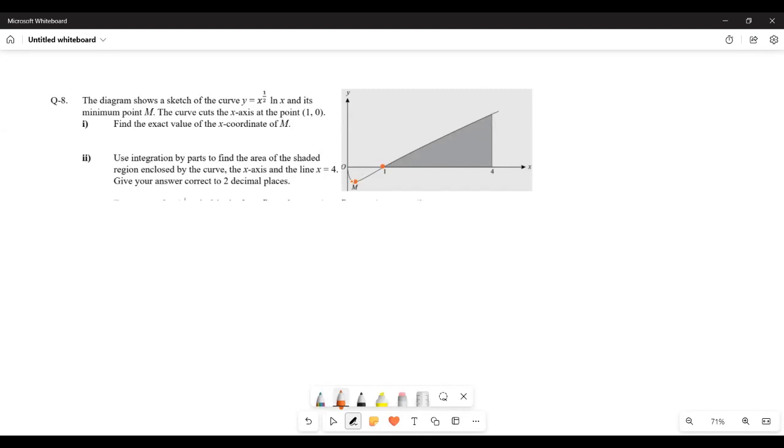Since M is the minimum point, we start by differentiating the curve's equation and equating it to 0.